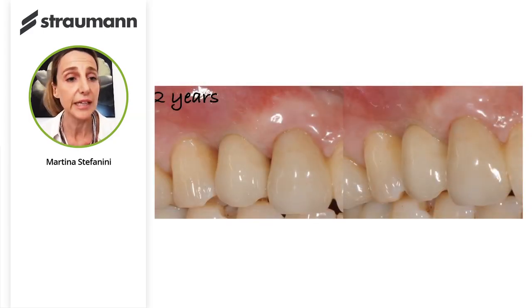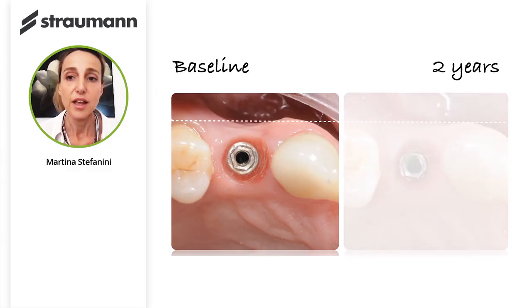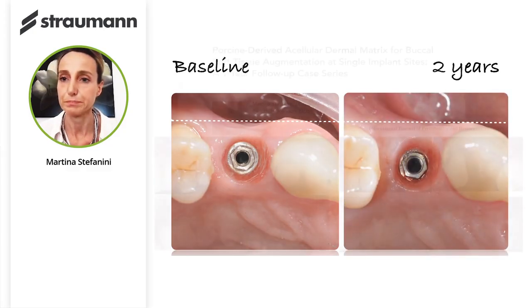And this is the stability of the results after 2 years, with a nice emergence profile of the crown and a nice increase in soft tissue thickness that you can better appreciate in this occlusal picture.